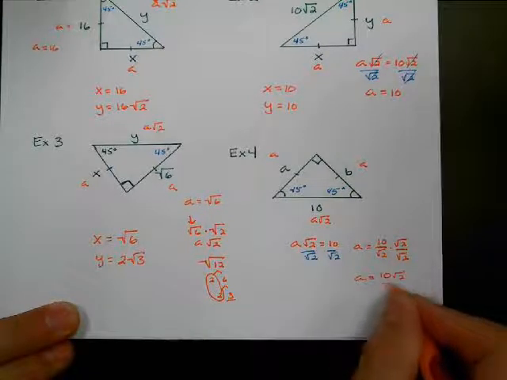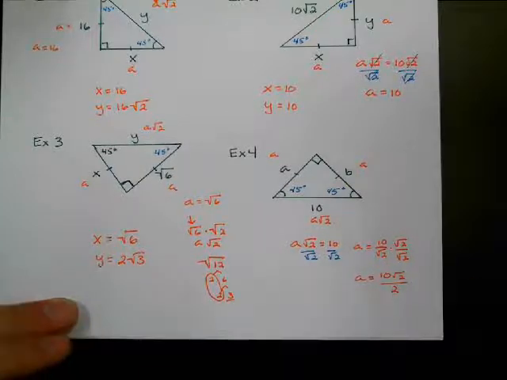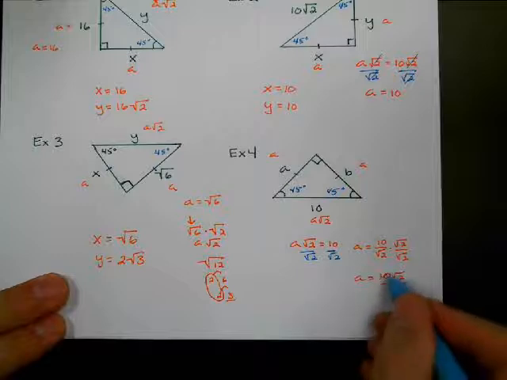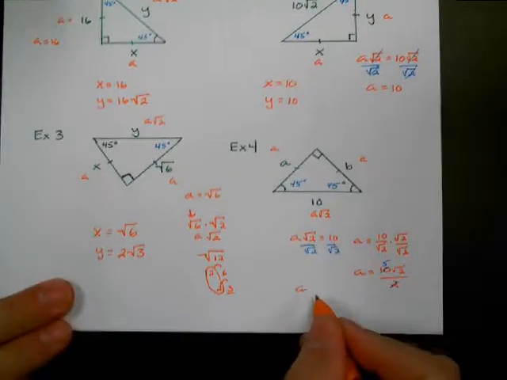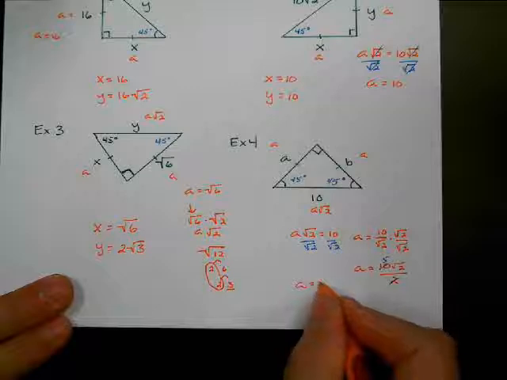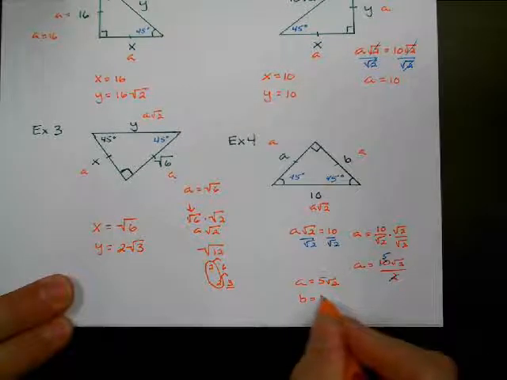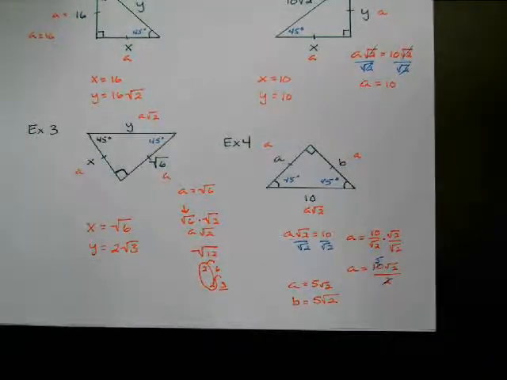And then root 2 times root 2 is just 2. And then my last step is, since these are both whole numbers, I can reduce them. And I find out that a is going to be equal to 5 root 2. And b is also 5 root 2. There's my final answer.